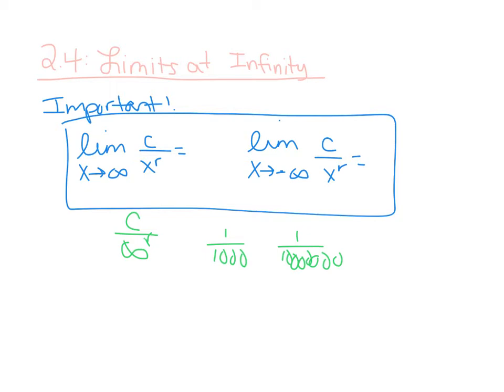So you are going to find that these are both equal to 0. Oh, I did actually write here that in this case r is positive. Just keep that in mind. But basically the big idea is if you have a small number divided by a really big number, your answer is going to approach 0.